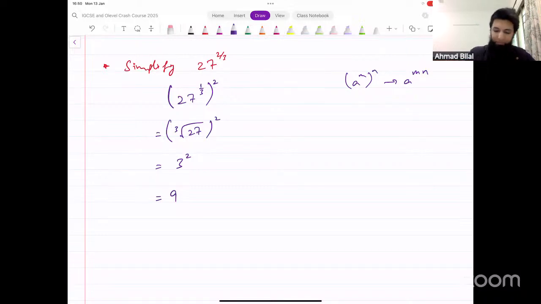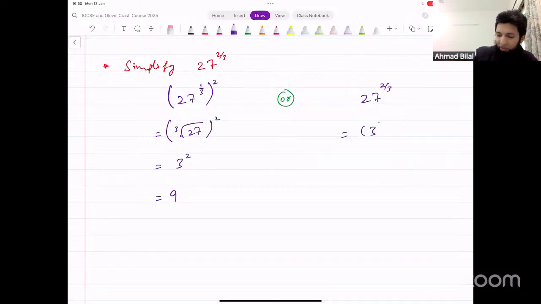Okay? Another way to think about this could be that you write 27 as a cube. You could also do it this way. You have 27 raised to the power 2 over 3. You could say 27 can be written as 3 cube, right? We know that 27 is a cube of 3. And then outside, we've got the power 2 over 3.